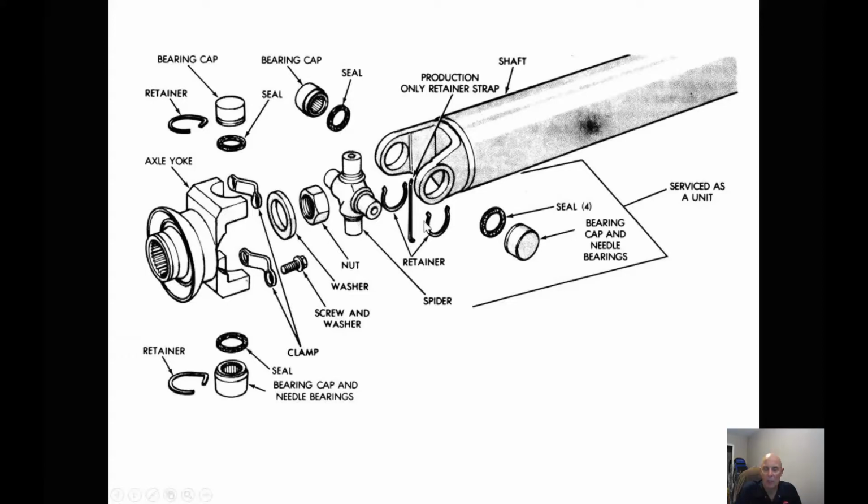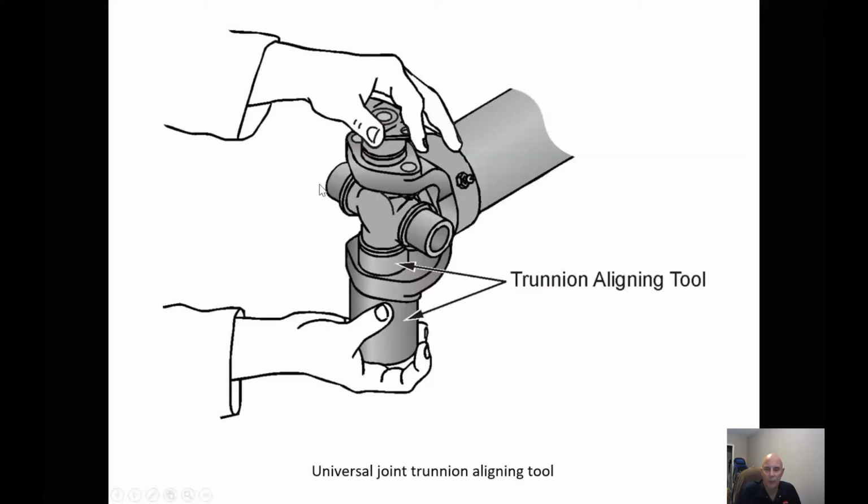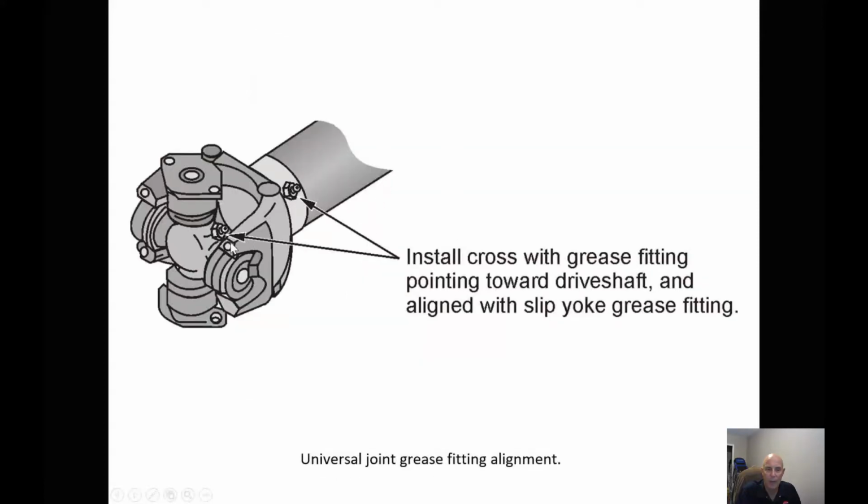And if we can't fit these clips together, there's a reason why, and it's usually because one of the bearings has fallen down inside. So there's special tools for making sure it stays in alignment as we assemble it. And again, we've already talked about ensuring that we line up our grease nipples.